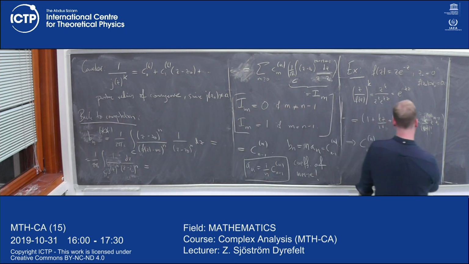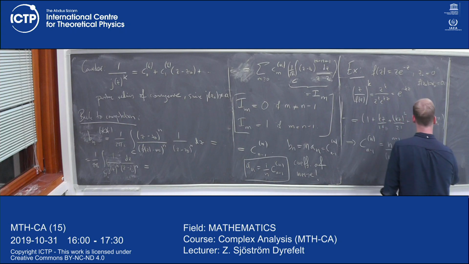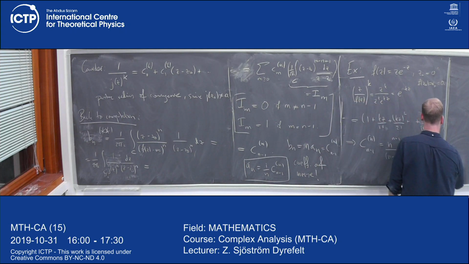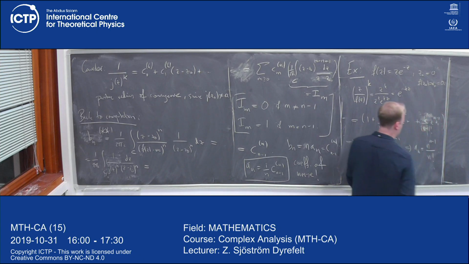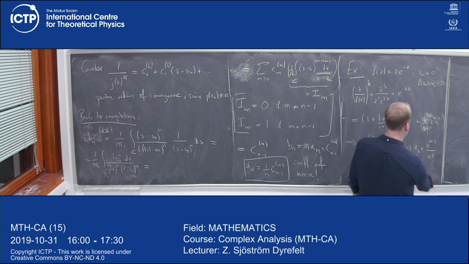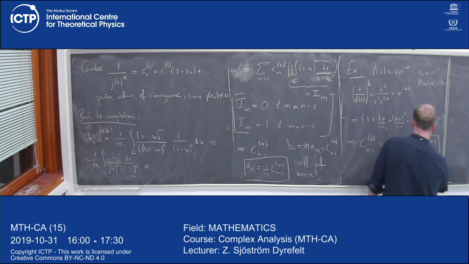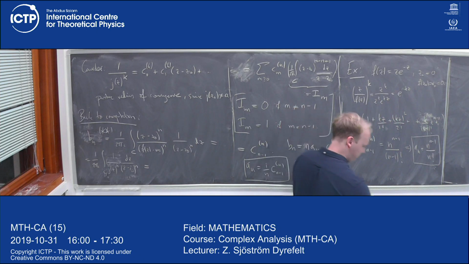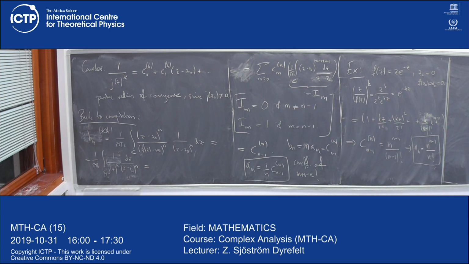Which implies that an is equal to 1 over n times that, which is n to n minus 1 over n factorial. Okay, and so these are the coefficients.